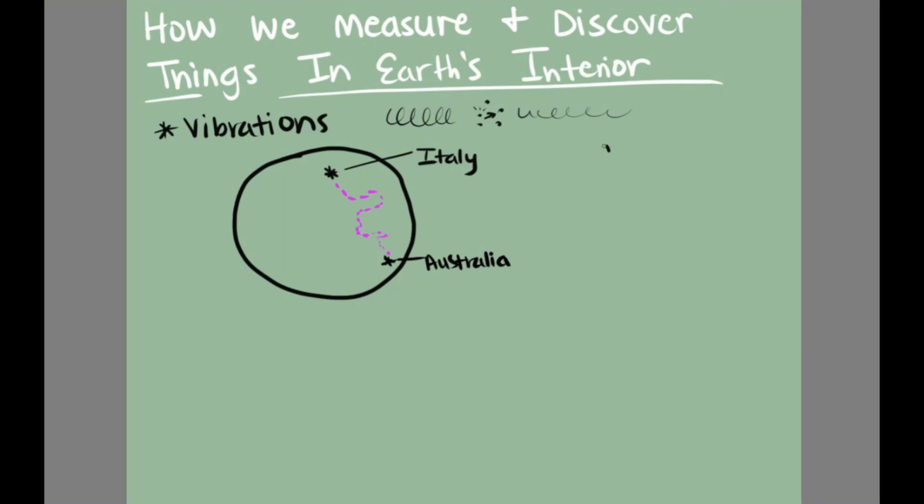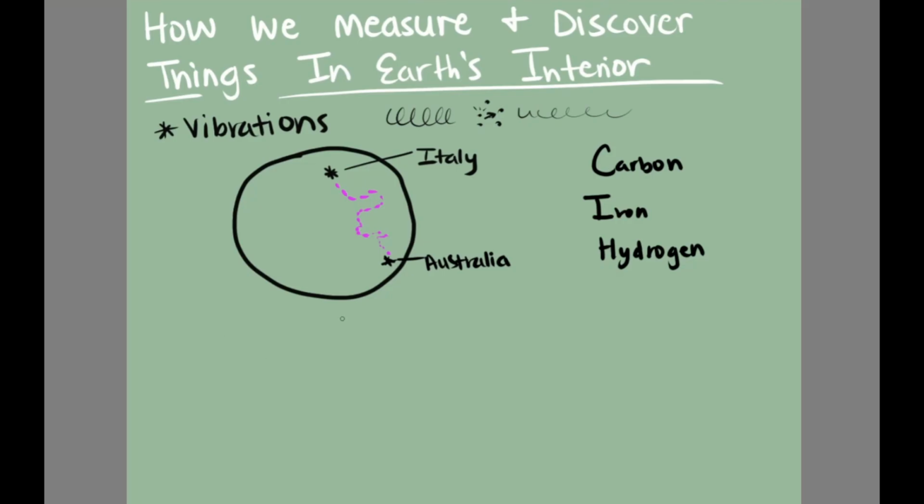For example, carbon is going to have different characteristics than iron, and iron's going to have different characteristics than hydrogen. So through these vibrations, we can see exactly what it's traveling through, and we can start to put together the pieces of the puzzle to tell us what is exactly inside of the Earth.